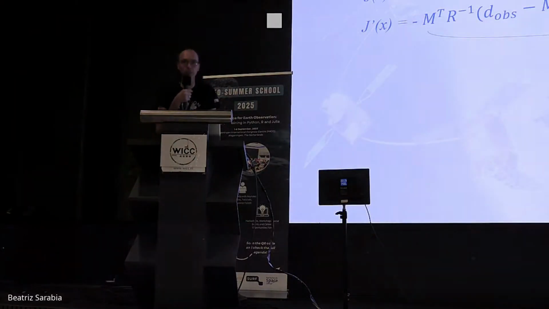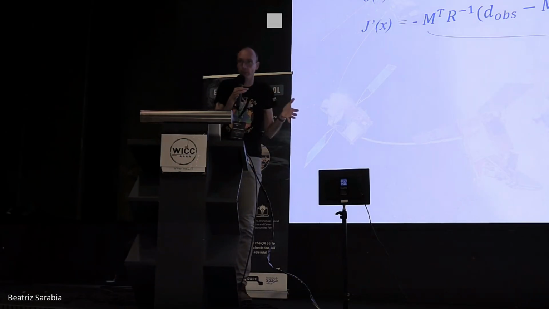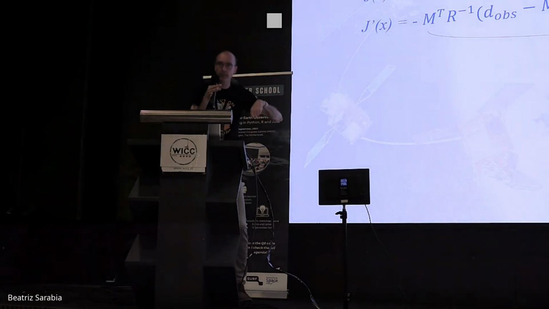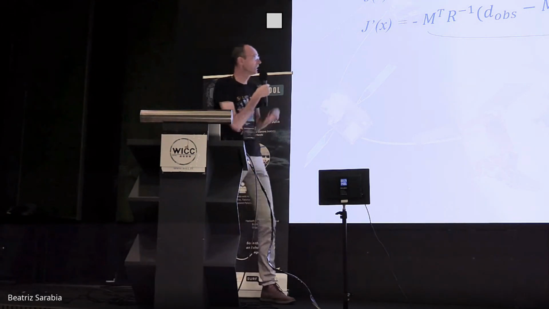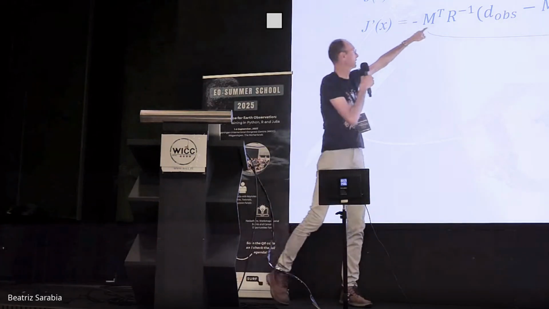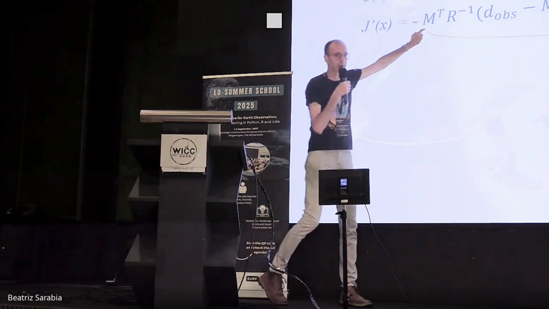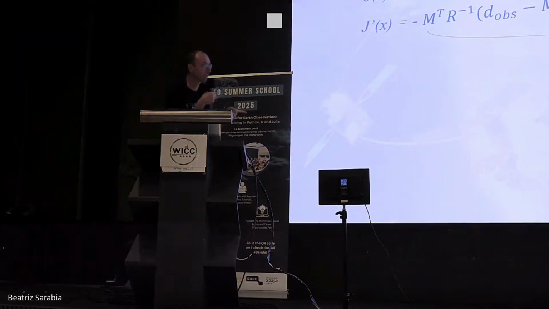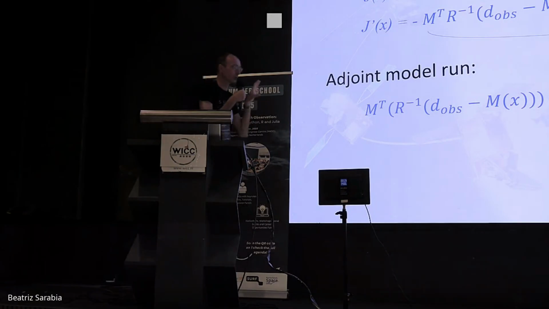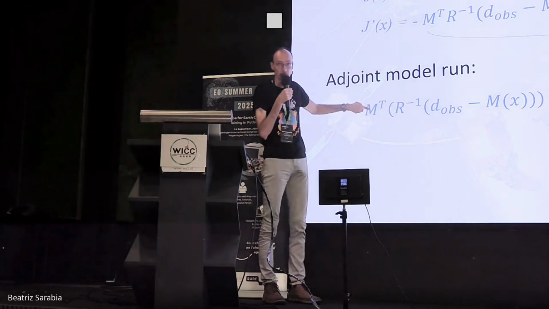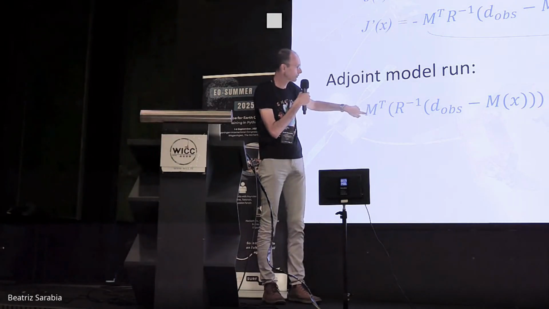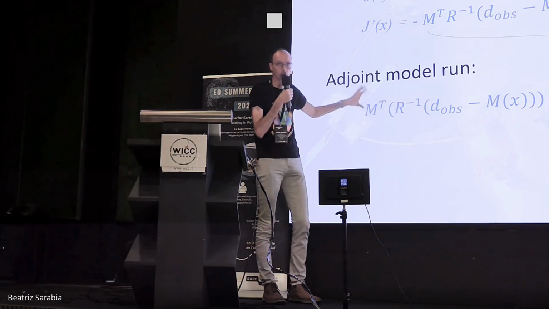And so you can turn a piece of code into its corresponding adjoint. This is another model, in a way, which is somehow equivalent to your forward model, but it's just coded in a different way so that it generates something that you use to evaluate this. One more click. And so suppose you have this piece of code, we call it MT, then this is the transpose of M mathematically, but it's just a model.